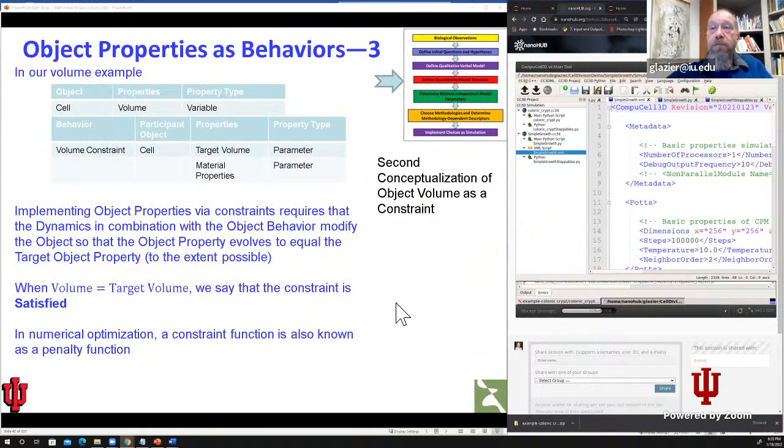And I guess I want to skip over this, except to say something here, which is that we're going to see again and again in CompuCell, and in the way we think about models, something called a target X: a target volume, a target surface, a target length.